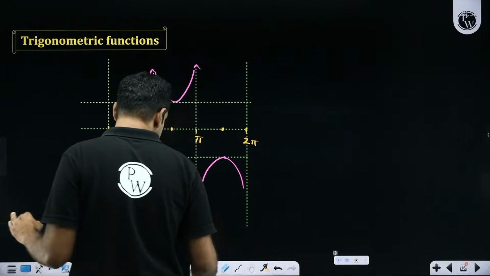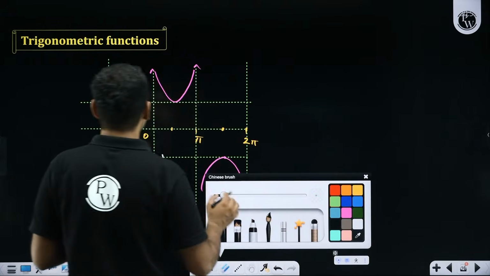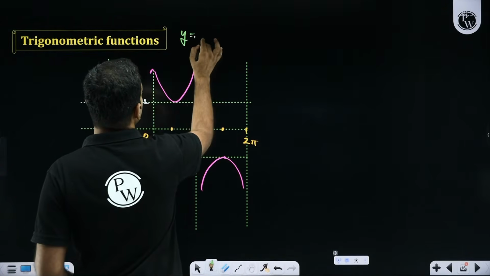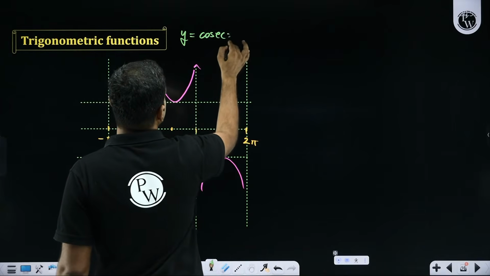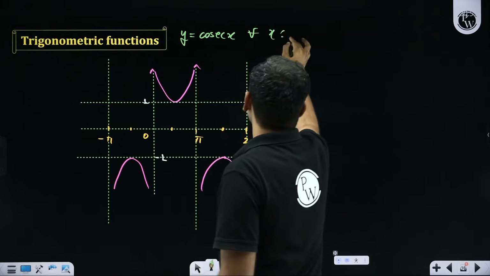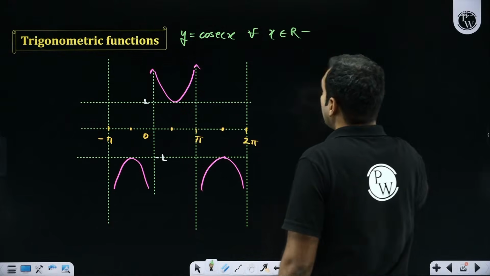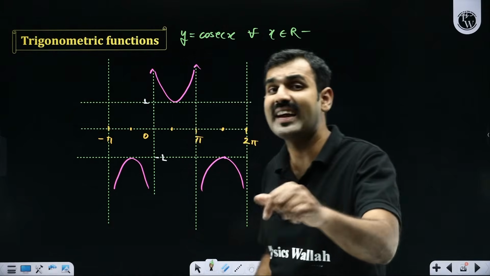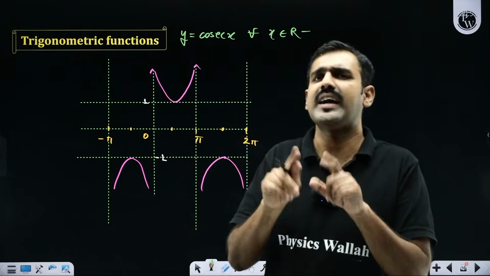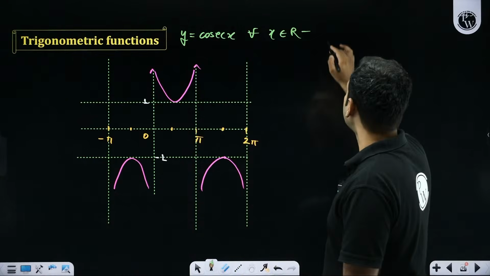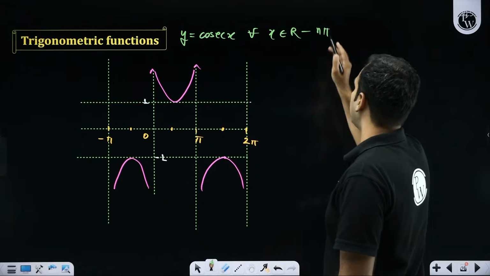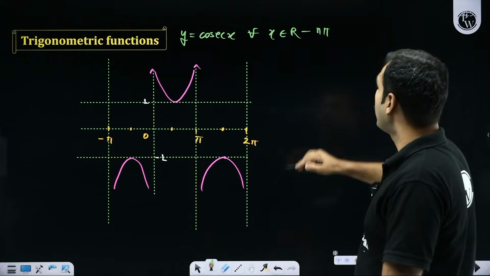Excellent, Vijay. Absolutely. So first of all, when we talk about y is equal to cosec x, I hope you agree that x can be any real number except for those points where sine is 0. Sine is 0 at multiples of pi, so it can be anything except n pi. Sir, what about the range?